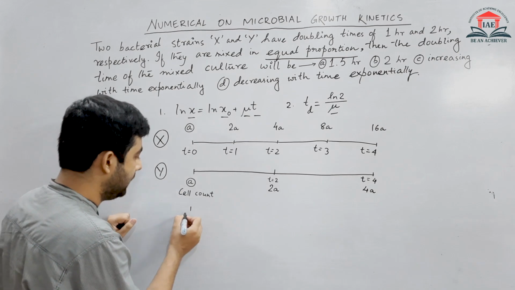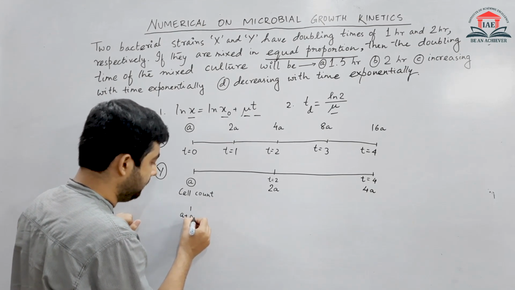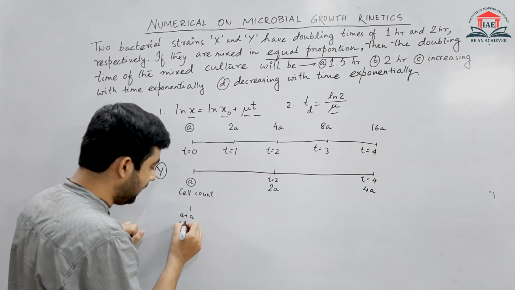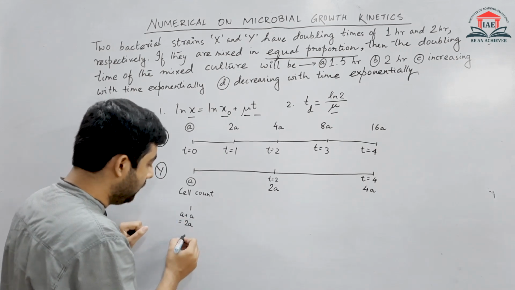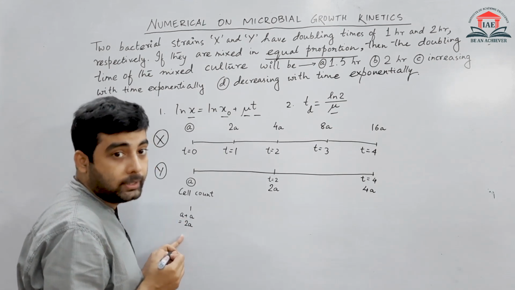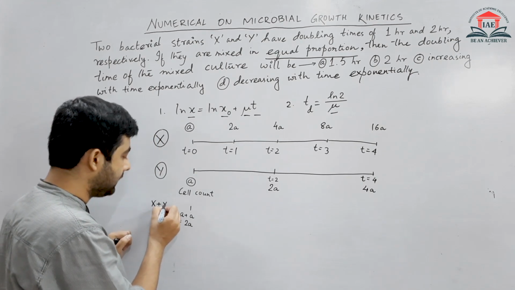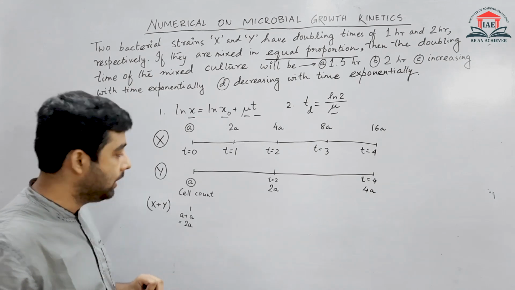That means this will be A plus A. So here the initial cell population is 2A. But we do not know the doubling time of this consortium where we have X plus Y, which is the question that we need to find out.